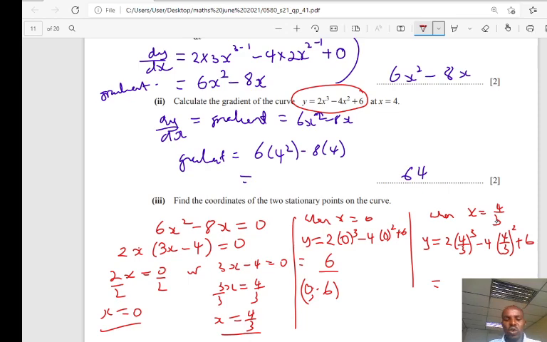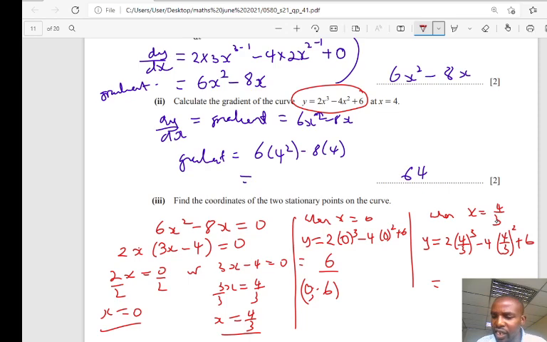You can punch in your calculator 2 bracket 4 over 3, then the power 3, minus 4 times 4 over 3, then this one squared, arrow first, then squared, then plus 6.